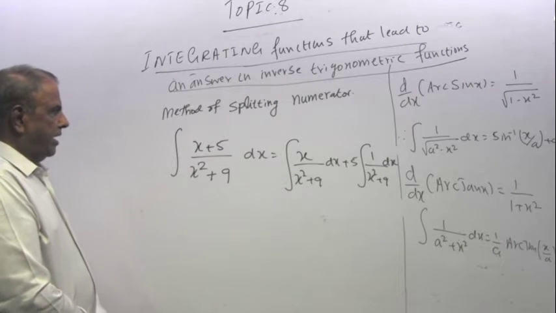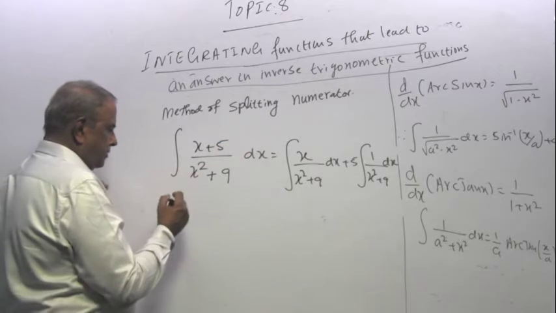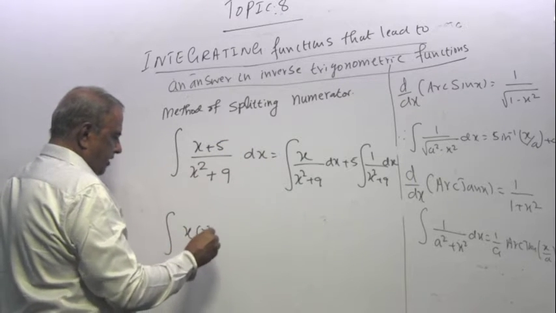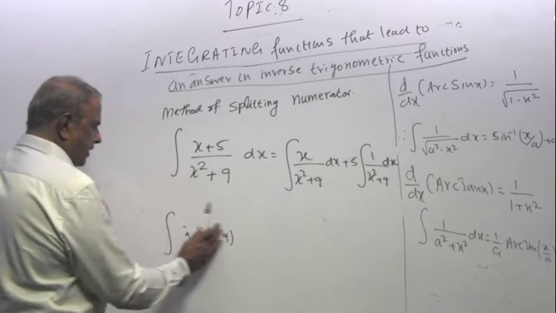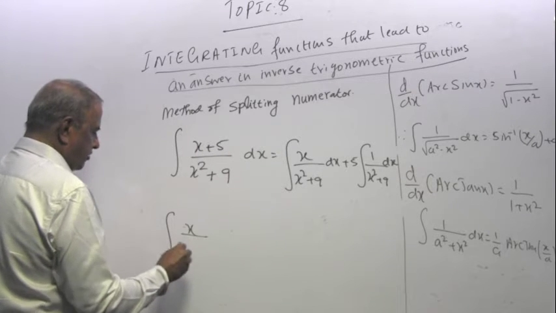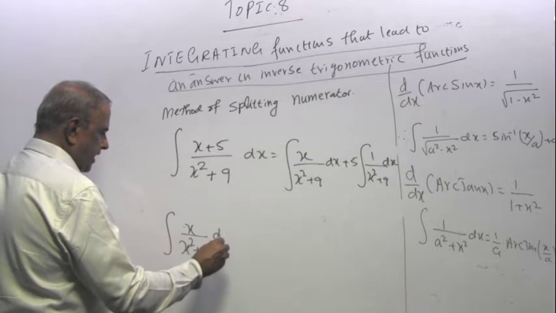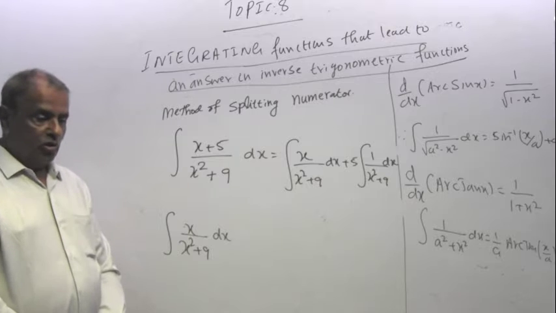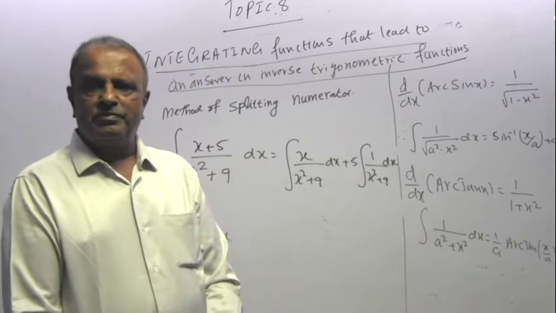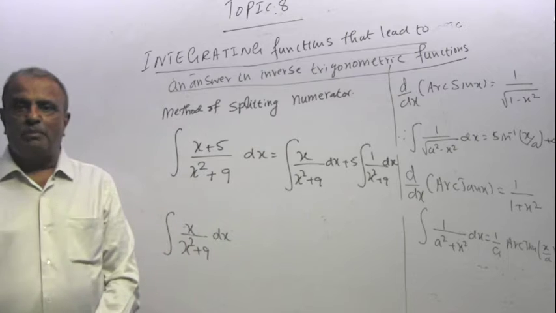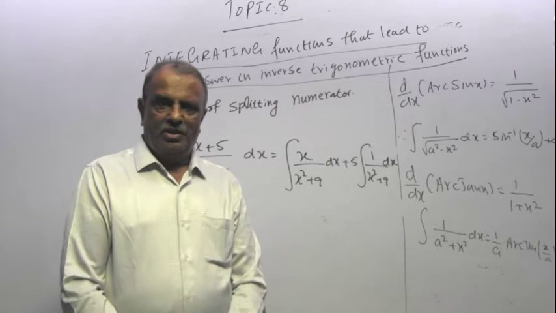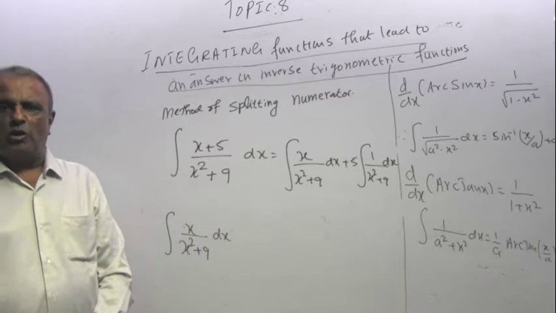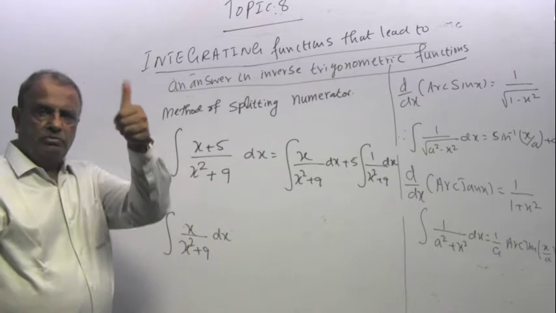Okay. Let's look at the first one. I'll write the answer in the end there. So the integral of x over x squared plus 9 dx. It's an algebraic fraction. What's the rule when it's a rational expression? Always check whether it's a proper fraction. How? The power of the numerator must be less than the power of the denominator. That's power 1, that's power 2. Good.